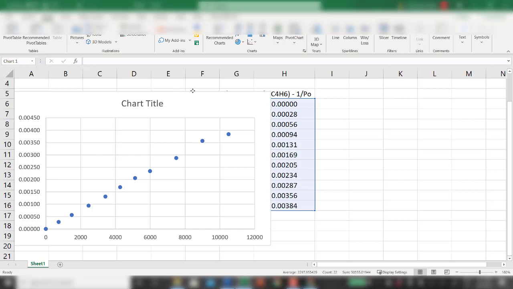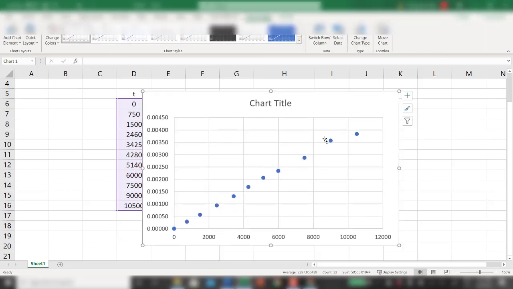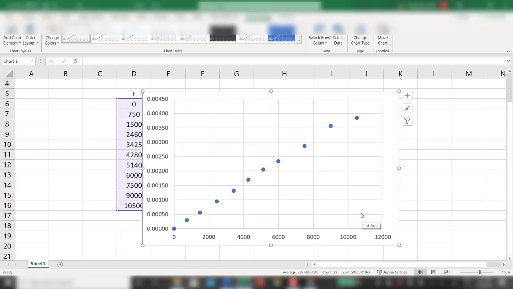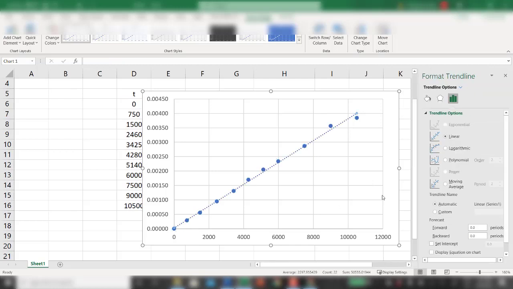Let's check out the values to see that nothing's amiss. Right, so I'm just going to remove the title, and then add a trend line. It's a linear line.